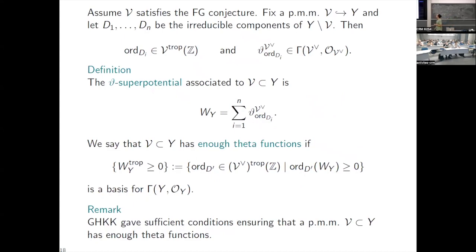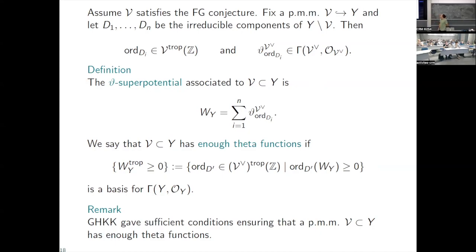Okay, how am I going to construct these Newton-Okounkov bodies associated to this compactification? First of all, I will assume V satisfies the Fock-Goncharov conjecture, and then I will fix a partial minimal model V of my variety Y, and I will let D_1 to D_n be the irreducible components of the boundary, the complement between my varieties.